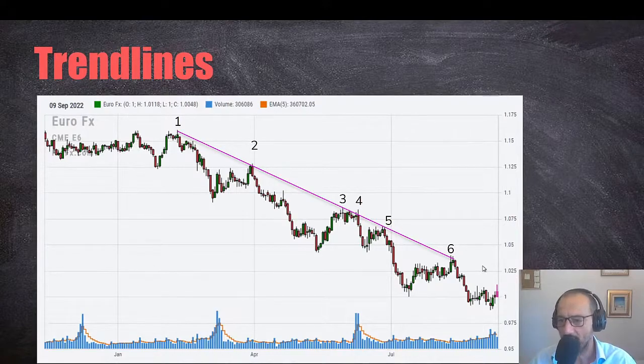When the price approaches the trend line, most traders will watch for the asset to encounter selling pressure, and may consider entering a short position, because this is an area that has pushed the price downward in the past. To be a valid trend line, price needs to touch it at least 3 times. Here we have 1, 2, 3, 4, 5, 6.